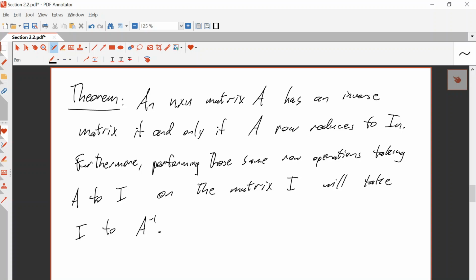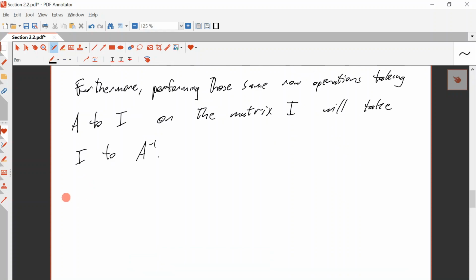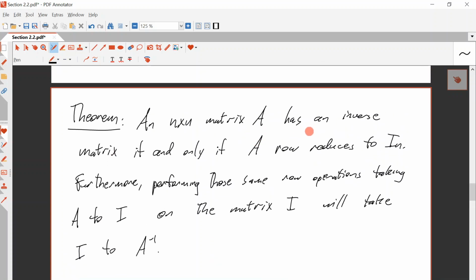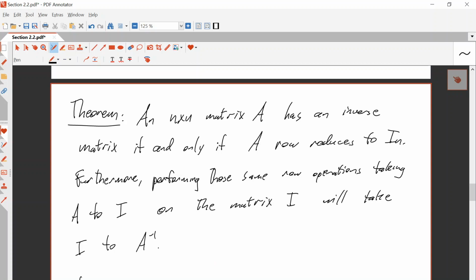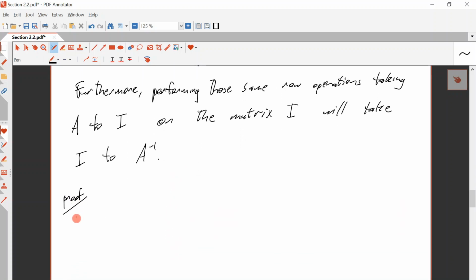Okay? An n by n matrix A has an inverse matrix if and only if A reduces to In. Okay? Proof. So if and only if, there's two directions to the proof. So first assume A has an inverse matrix.